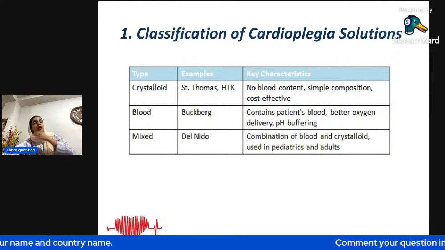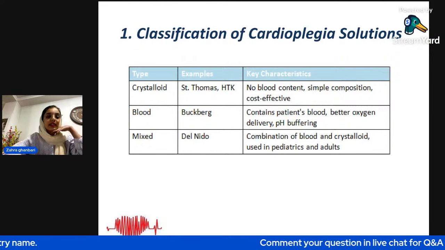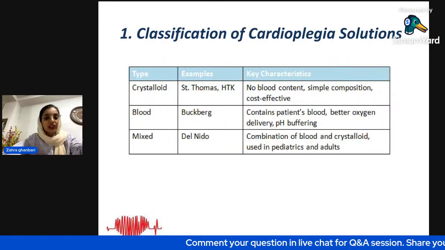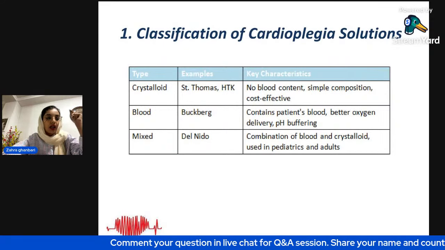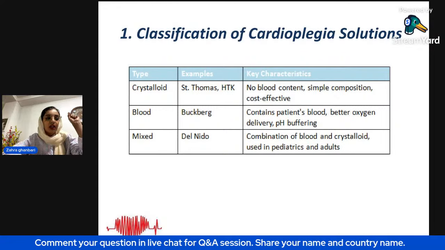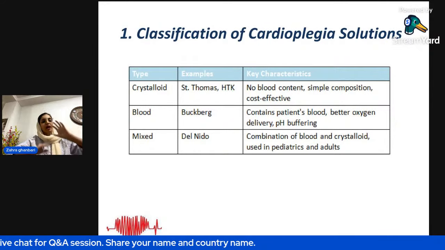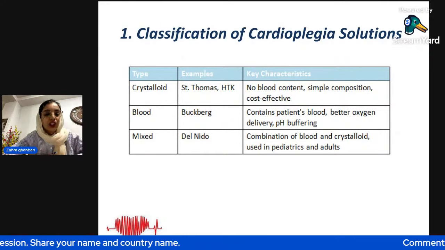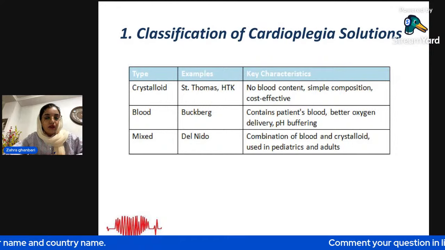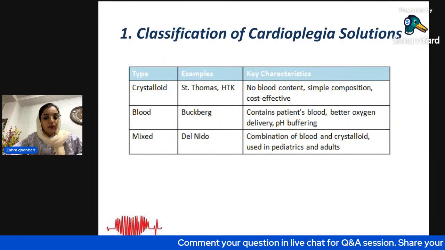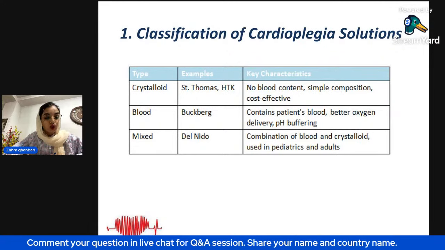The example of this type is HTK blood hybrid. This is a modified form of HTK solution in which a portion of the cardioplegia is mixed with oxygenated blood in a ratio like 4:1 or 8:1.